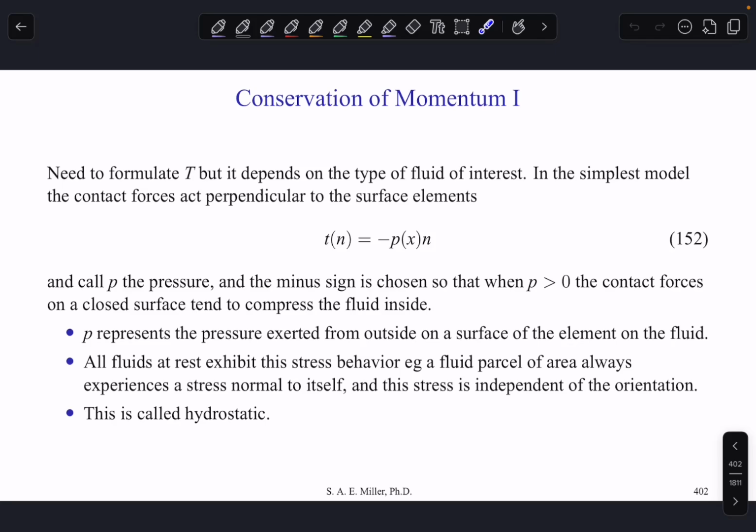So it's isotropic, excuse me. The fluid in this state we'll call hydrostatic.